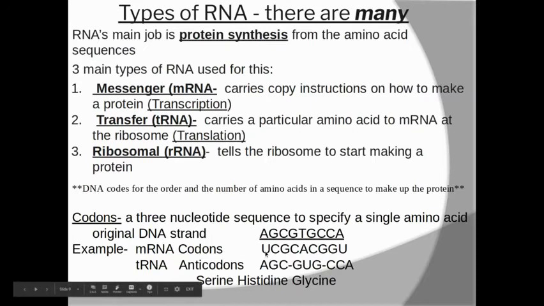So U would normally bind to A, so your tRNA code has to have the A. G binds to C, C binds to G, and so on and so forth, all the way down the line. Each one of those RNA anticodons is specific for a particular amino acid. So AGC codes for serine, GUG codes for histidine amino acid, and CCA codes for the glycine amino acid.